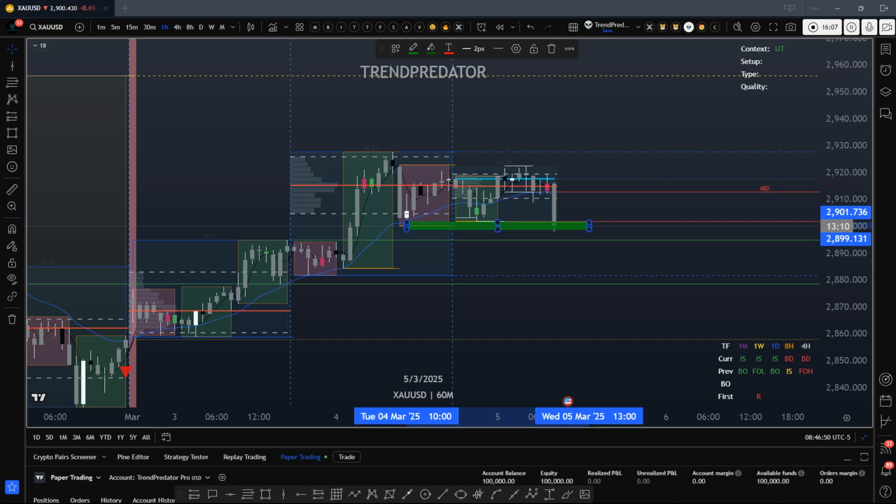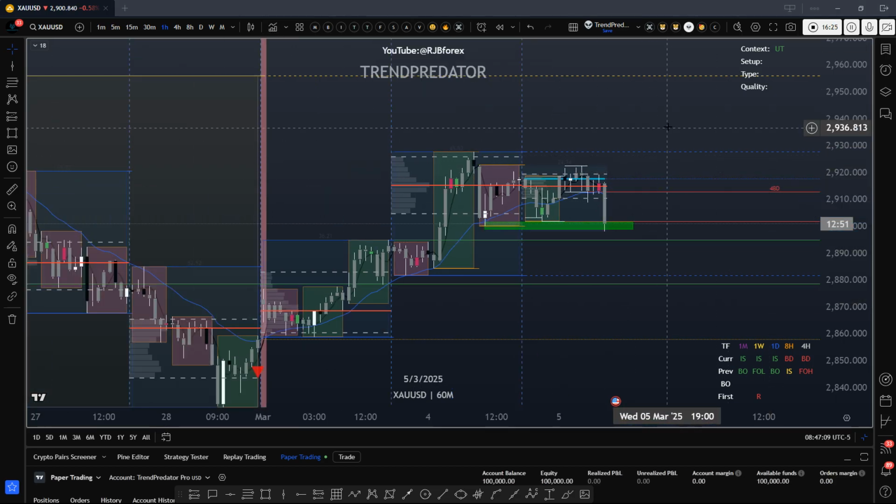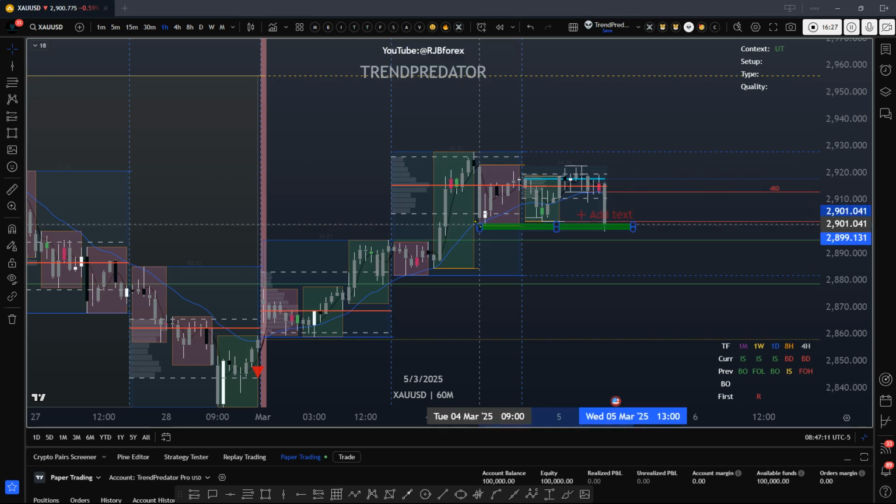We'll have the composite data services, and then we'll have a whole slew of data coming out at 10 and 10:30. ISM services. So in any case, that's stuff to be cautious of.